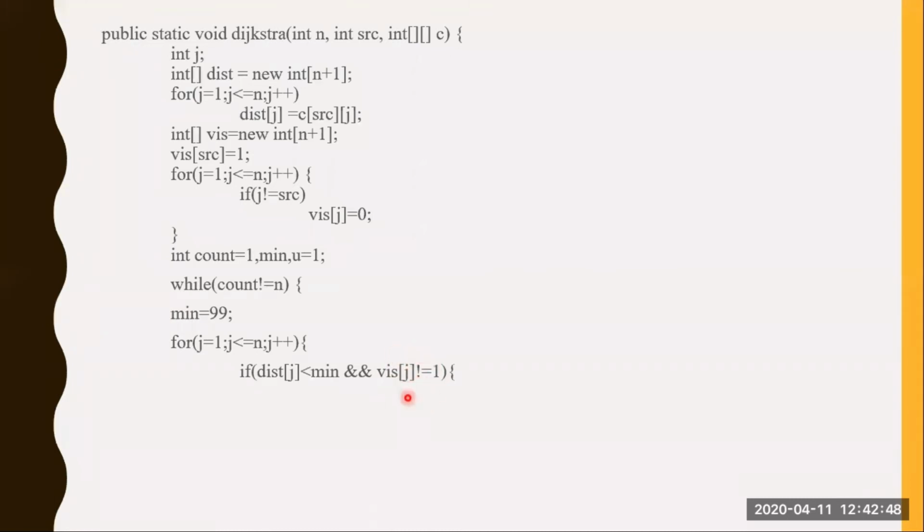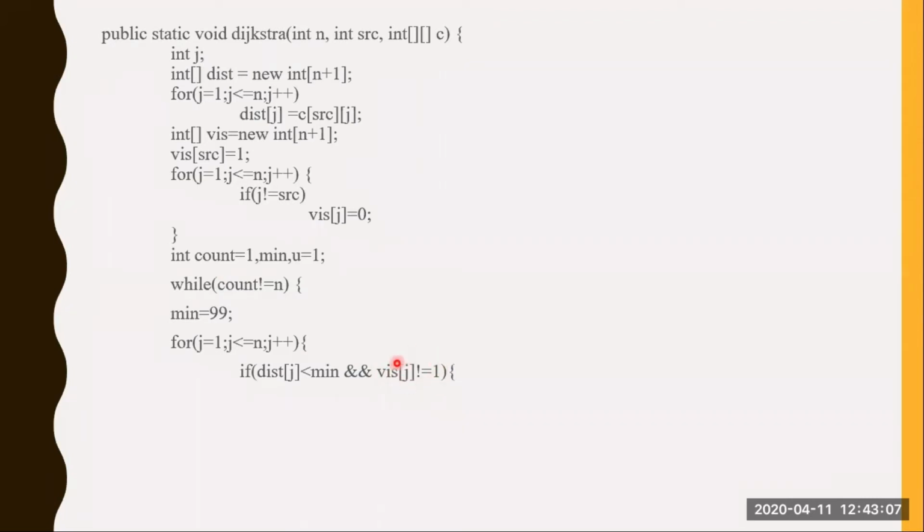So this condition becomes true if B is not visited, and this condition becomes true if A to B is the least value. So I would have selected A to B. But then in the next iteration, again it should not select A to B. So that is why we are checking for this condition.